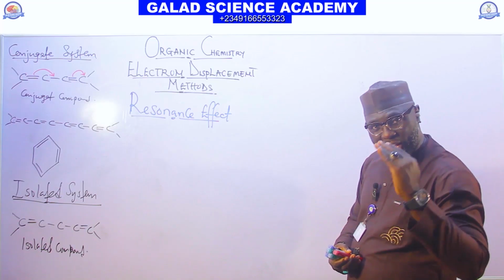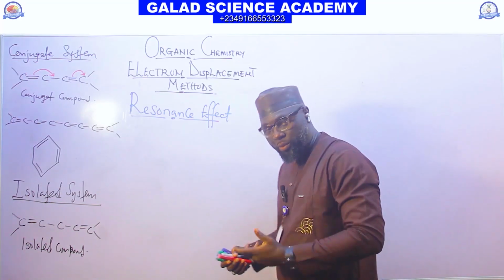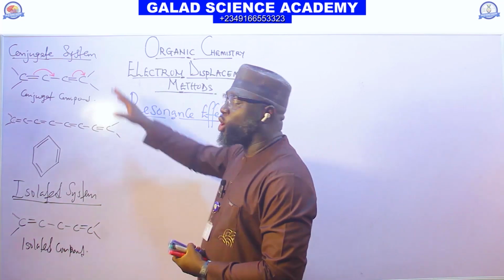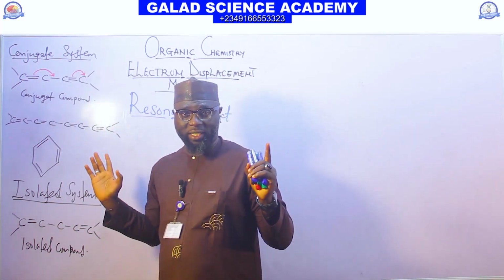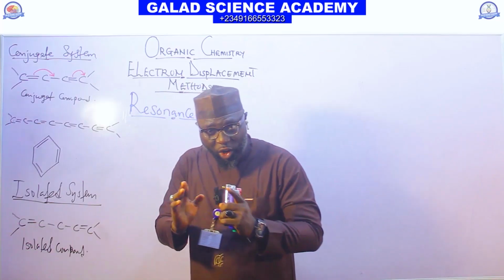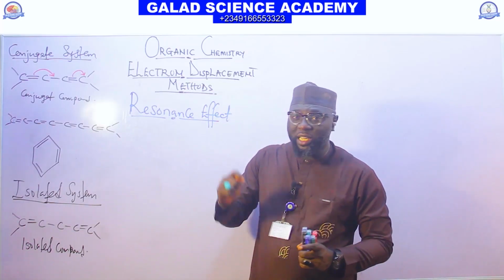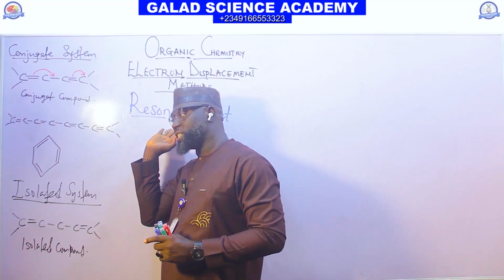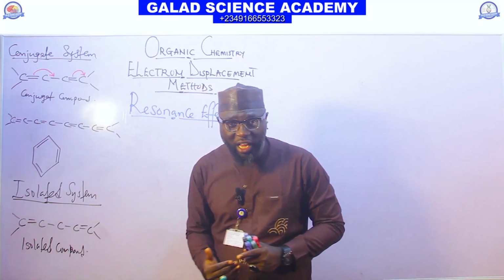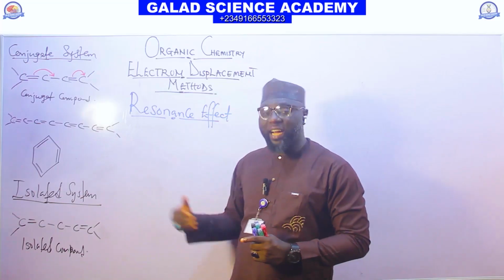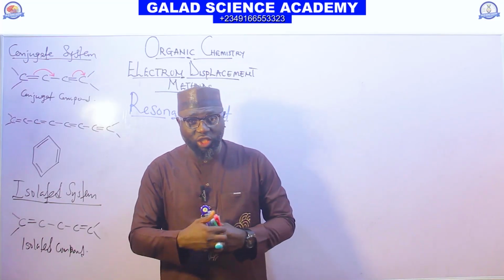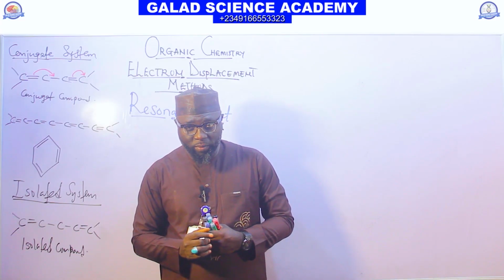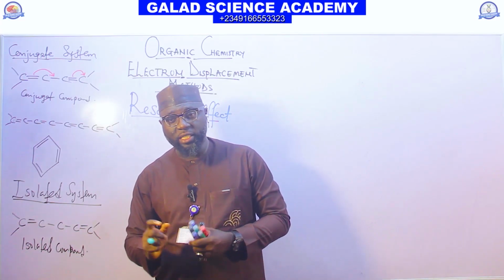So resonance effect is the shifting of the pi bond electron in a conjugate system compound. Resonance is a delocalization of pi bond electron in a conjugate system compound.